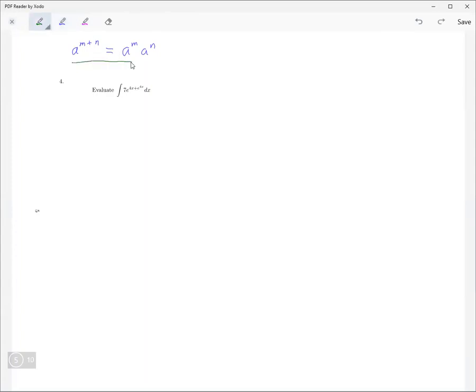And so we apply this formula to this problem because e to the something is just exponent stuff, right? So it's 7e to the 4x, e times, just applying this, e to the 4x times e to the 4x. Okay, so this is e raised to the e to the 4x.